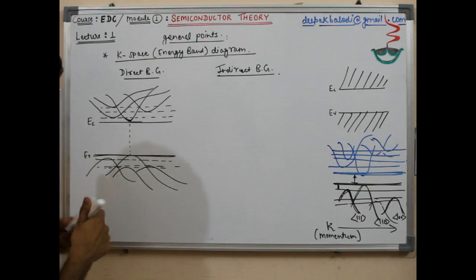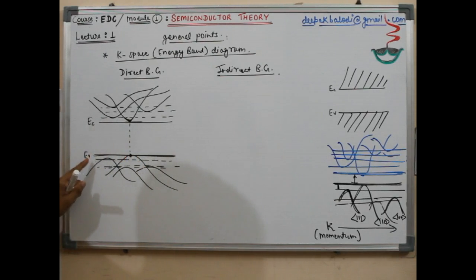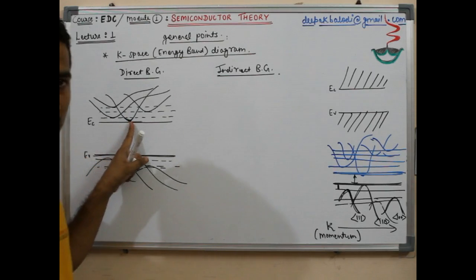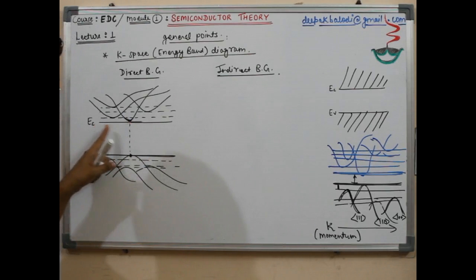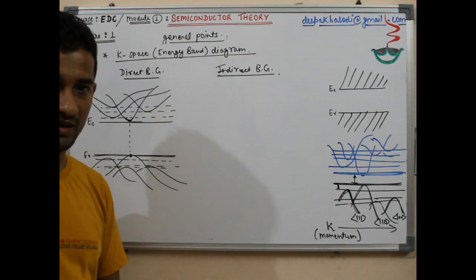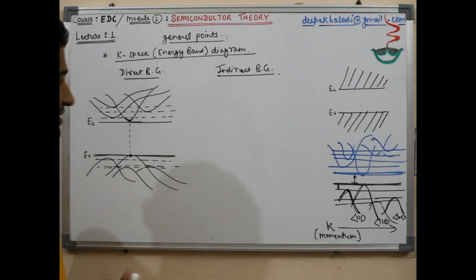So if you see, the highest peak in the valence band, which is defined by EV, coincides with the lowest valley in the conduction band, which is indicated by EC, and they coincide on the horizontal scale, on the momentum vector scale, or the space vector scale. Then this kind of band gap is called the direct band gap.